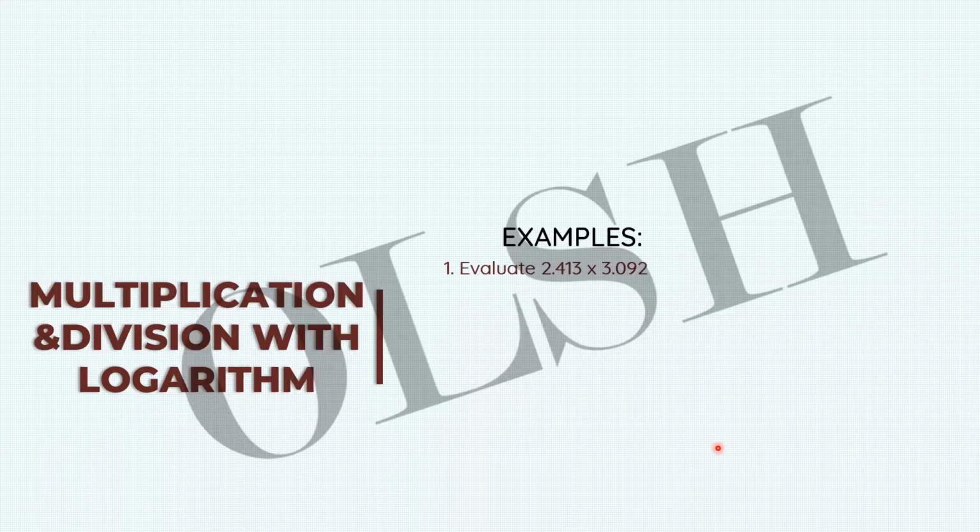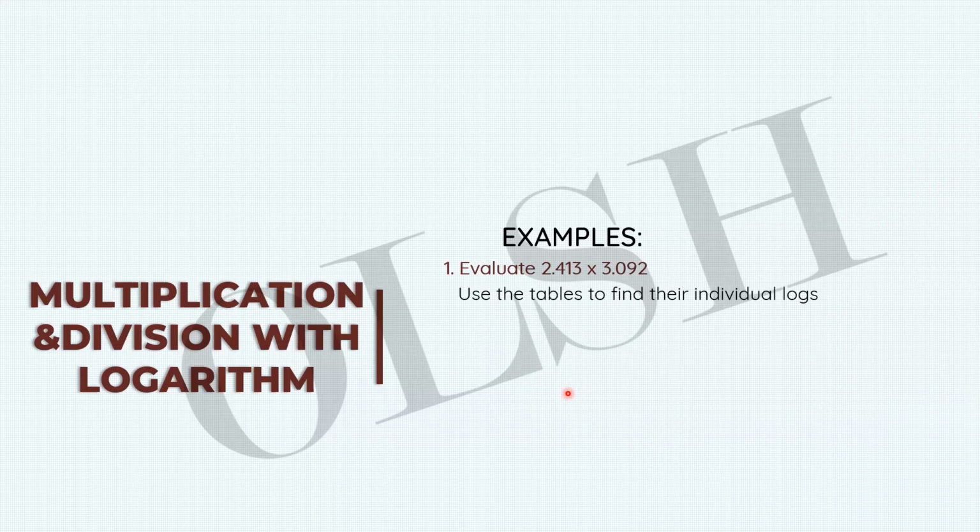All right. Okay, so let's go into multiplication and division with logarithms. Our first example will be: evaluate 2.413 times 3.092. So if we use tables to find the individual logs, we would have them as 0.3825 and 0.4903.